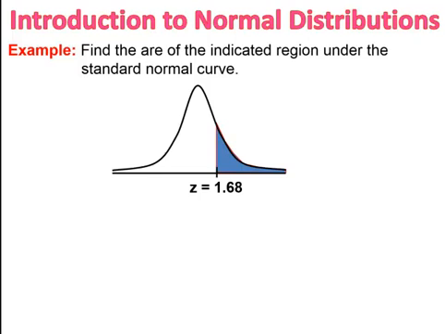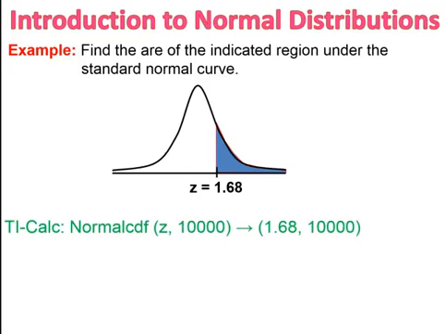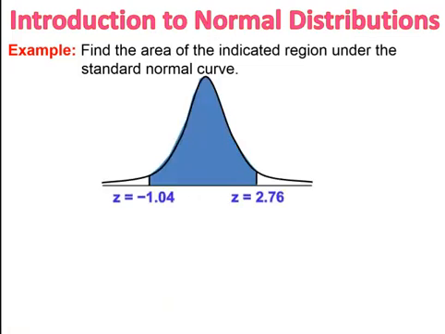Because it's shaded to the right, the lower value is that z-score, and it's going off indefinitely to positive infinity. So you would put the z-score in the lower and positive infinity in the upper, and then you would find that our probability or our area here would be 0.0465.